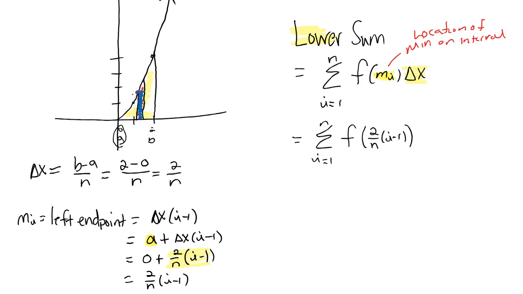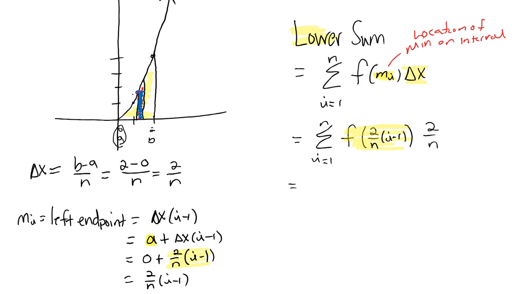And delta x is 2 over n. Now I'm going to rewrite f of 2 over n times i minus 1. Everywhere I see an x in my formula, I'm going to change it to 2 over n times i minus 1.